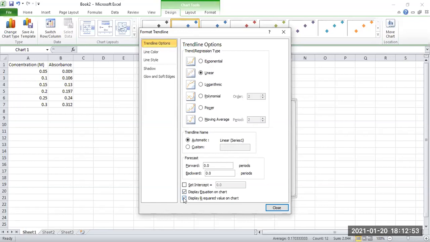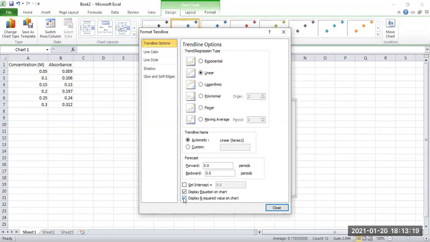If you have not had any statistics classes, what does R squared mean? Think about it this way: the R squared value calculated by the computer for you, you don't have to calculate it, will give you an idea of how good or how awful your data is.